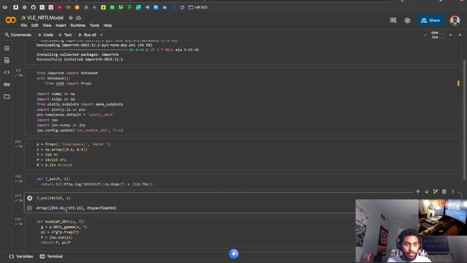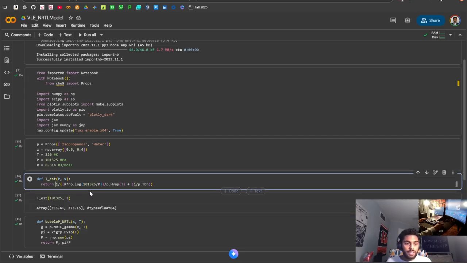So we have normal boiling point of water is 373. Normal boiling point of isopropanol seems to be just a little bit lower, which makes sense. It's more volatile than water is, so it's going to start evaporating at a lower temperature.